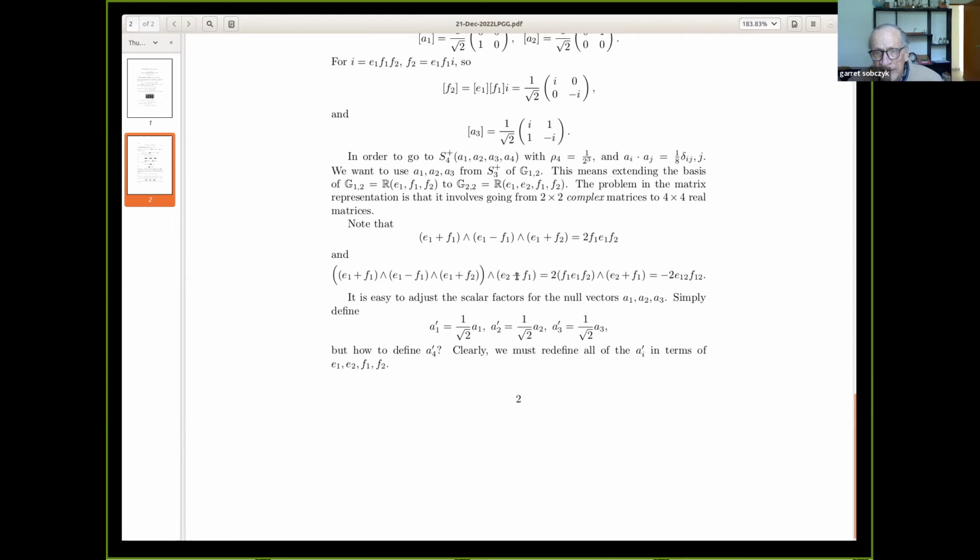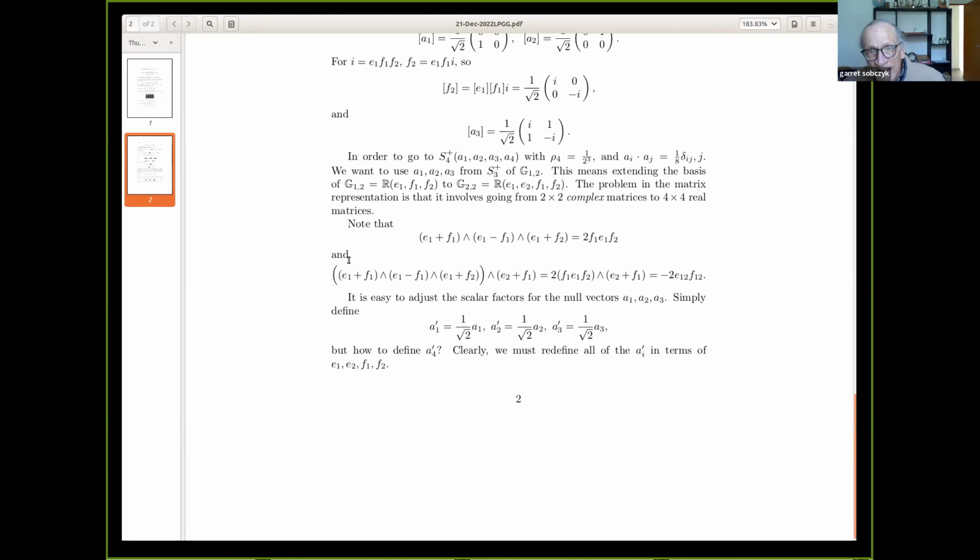You square that, you get a proposed candidate for A4, but the problem is that E1 times F2 is completely orthogonal to E2 and F1. So these two vectors will anti-commute, which says their inner product will be equal to 0. Well, I don't want the inner product equal to 0. I want it to equal 1/8.